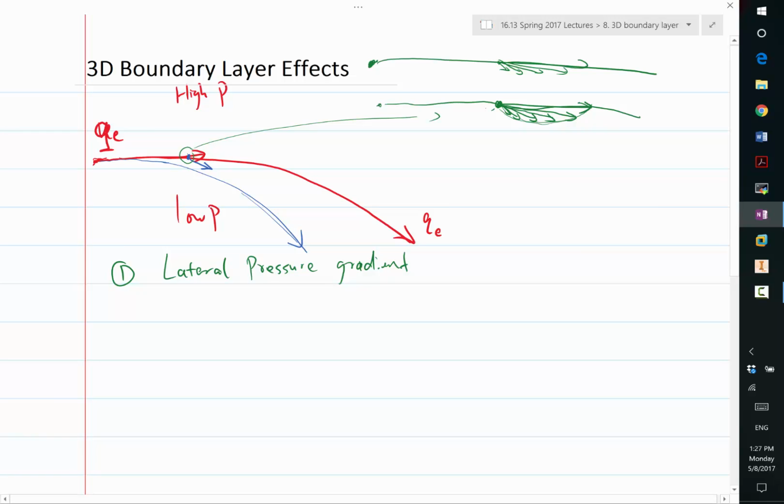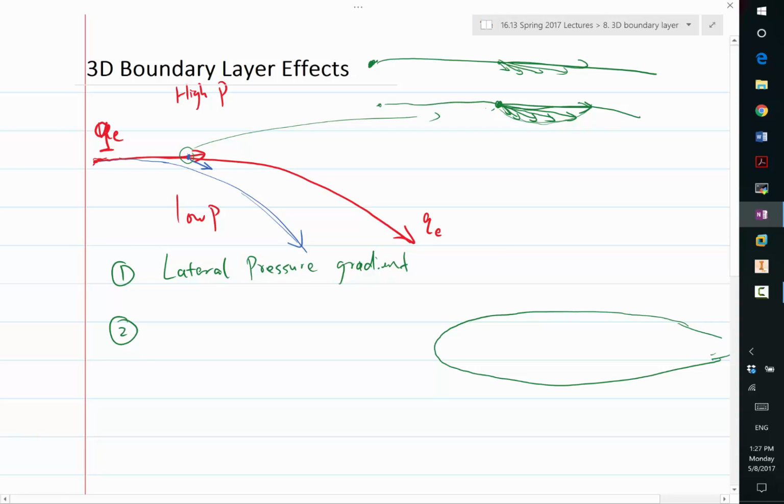So the second that is less obvious is what happens if you have a three-dimensional surface over which inviscid streamlines diverge or converge from each other. For example, let's say an axisymmetric body, something like a submarine.